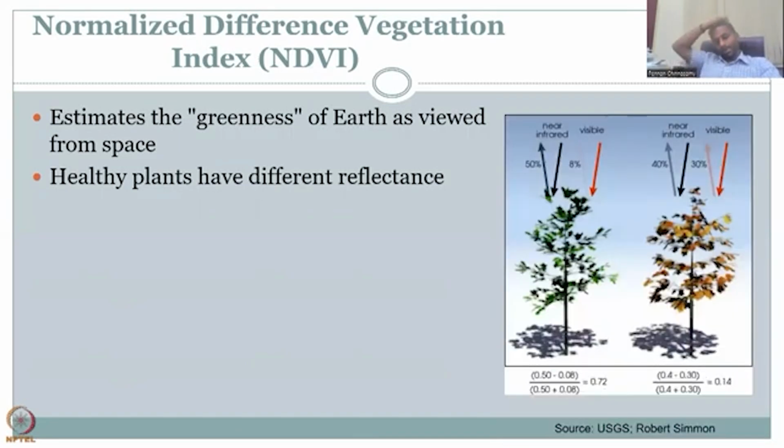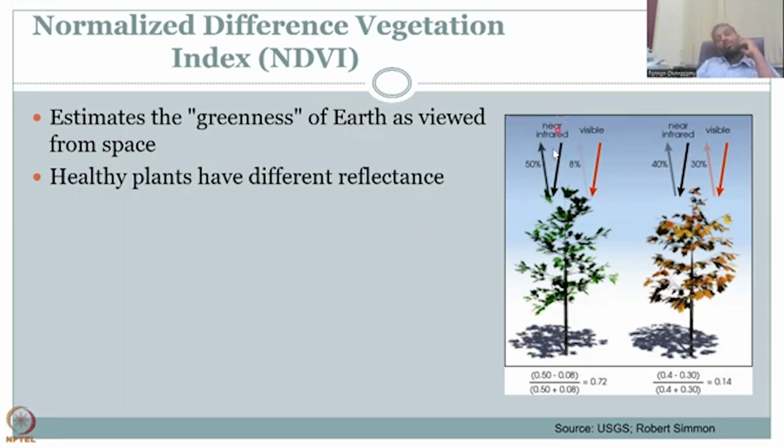Let's take this example. So you have two plants on the screen. One is the healthy plant and one is a plant which is about to lose the leaves. It's getting brown and so on. So let's look at these two colors, or wavelengths in the spectrum. The near infrared, which is not visible to the human eye.